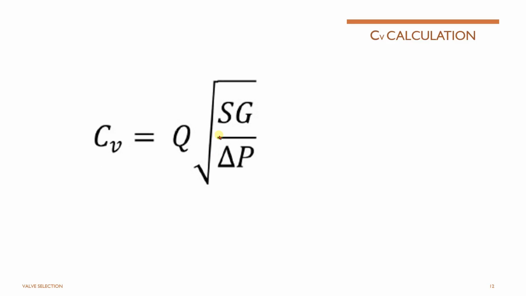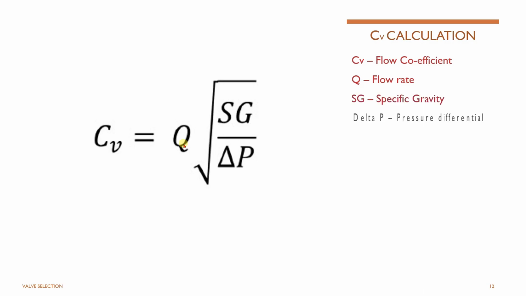It's from a formula: CV, the flow coefficient, is equal to Q times the square root of SG divided by delta P. Here Q is flow rate, SG is the specific gravity of whatever liquid is going through the coil, usually hot water or cold water, where the specific gravity of water is 1, and delta P is the pressure differential mentioned for the specific equipment.